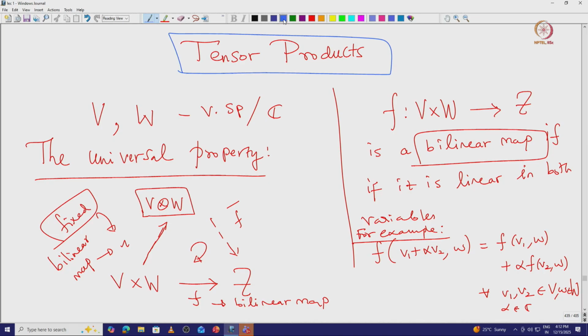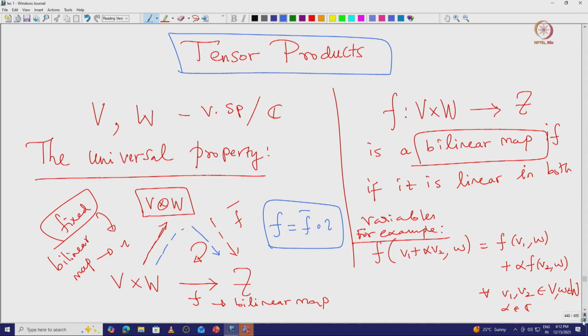What is the meaning of the diagram commuting? The map F is obtained by the composition of these two maps: first you apply iota and then you apply F bar.